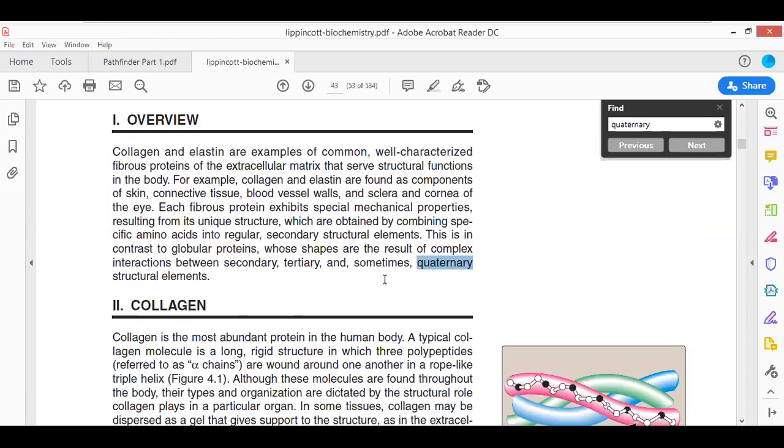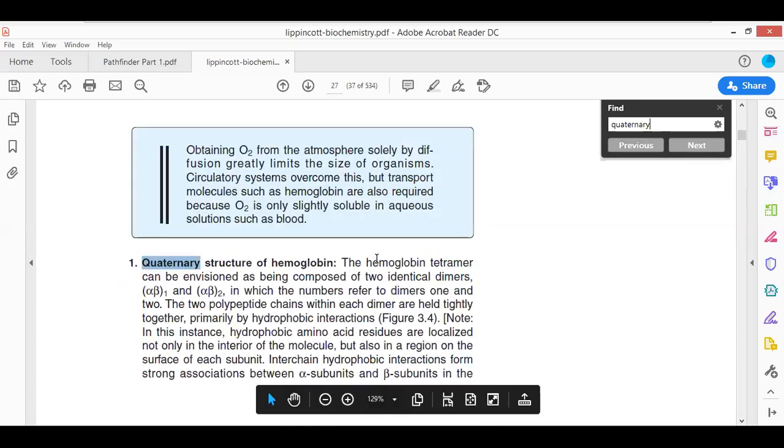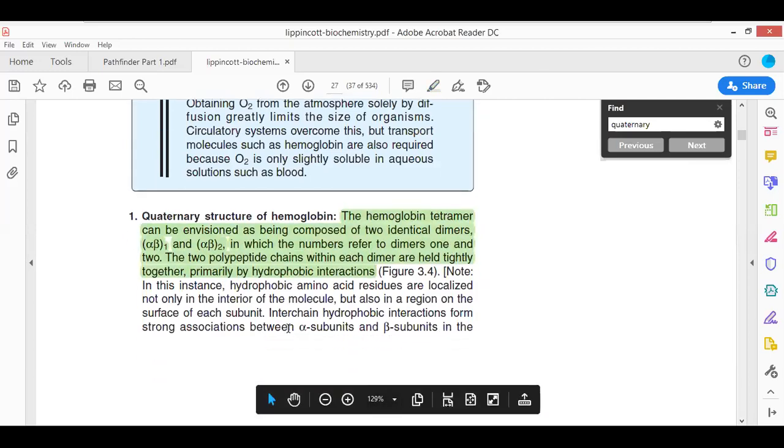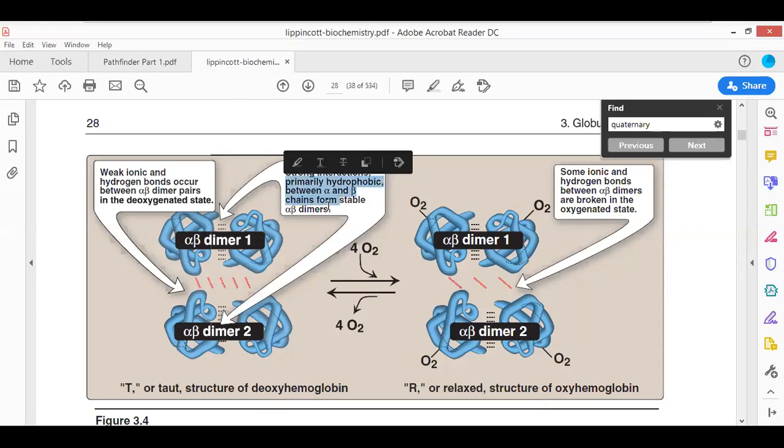This is the quaternary structure of hemoglobin. The hemoglobin tetramer consists of two alpha and two beta chains. These two polypeptide chains form a dimer and are held together by hydrophobic interactions. This is a strong, primarily hydrophobic interaction between the alpha and beta chain, forming the stable alpha-beta dimer.